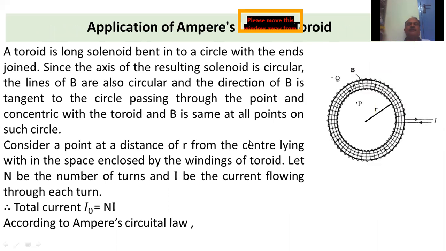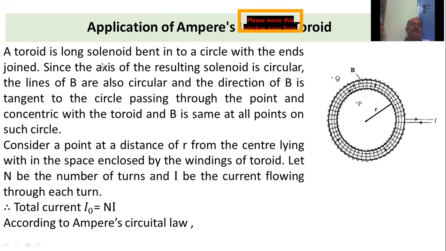Next, we'll apply Ampere's law to a toroid. This is a toroid. A toroid is a long solenoid bent into a circle with the ends joined. So you can see here, this is a solenoid actually, but when the two ends of the solenoid are joined together, it becomes a toroid.